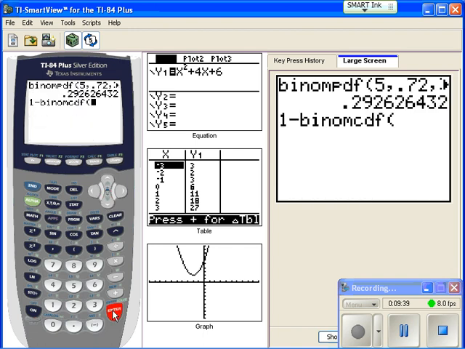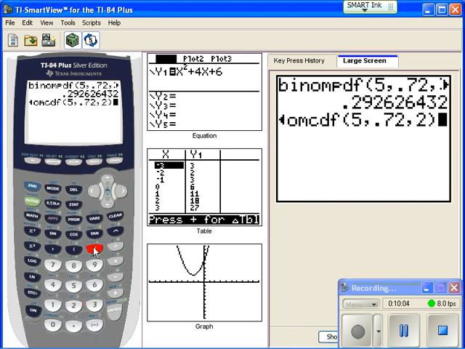I'm going to give it the same parameters, 5, comma, 0.72, comma, and if it has to have at least 3, that means the most it can have is 2.